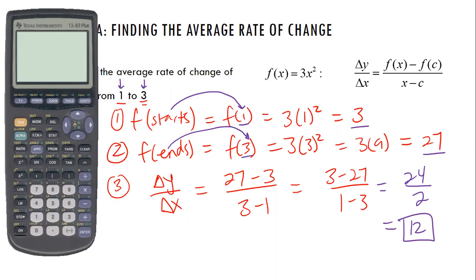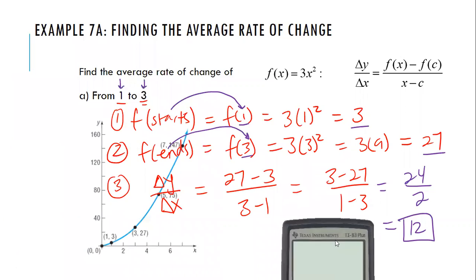The main thing is, it doesn't matter which one you plug in as long as the numbers are vertically lined up with where they go, right? 3 goes with 27, 1 goes with 3. Same thing here, 3 goes with 1, 27 goes with 3. Do we see that? So they're still lined up. Questions about average rate of change so far? Okay.